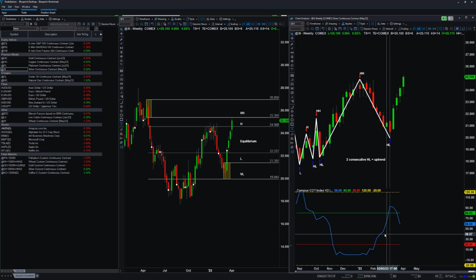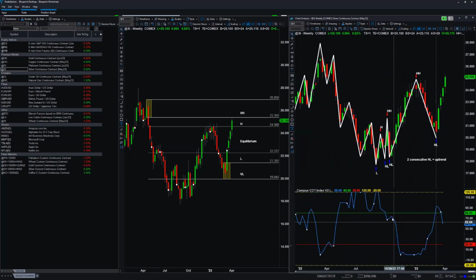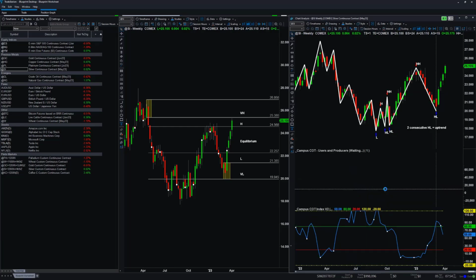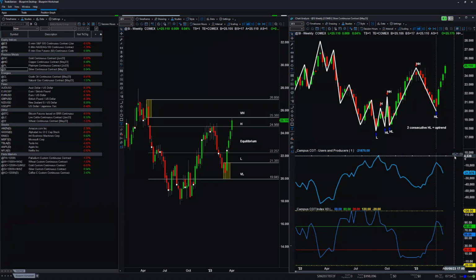And that makes a lot of sense here as well, as we come from this extreme here, where we were at a 3-year extreme of the commercials. And now if I'm going to load in the users and producers, what we actually saw here is that the users and producers were at a total of 4,500 net positions.